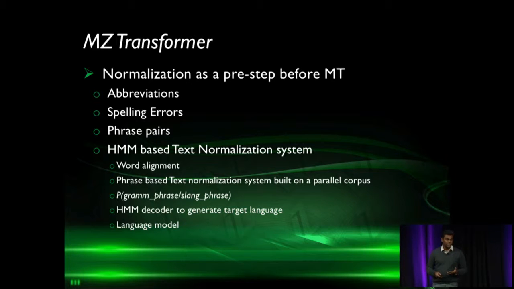You find these probabilities in state transitions, and that's how you build a generative system. And then we also have a language model that tries to make it more readable. So all of these come together in building a system that has been trained on data.